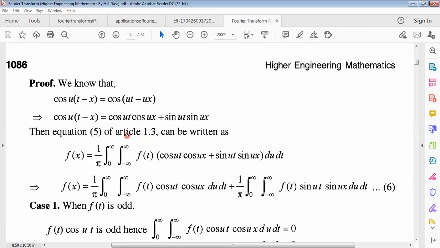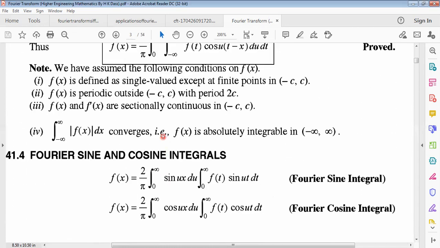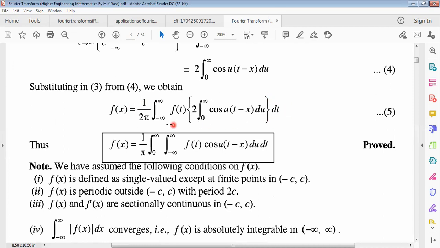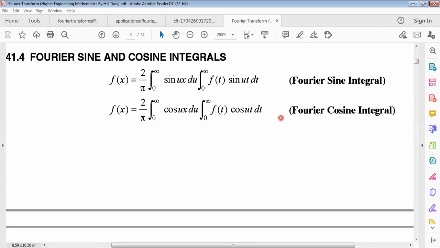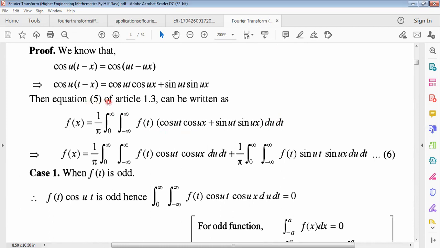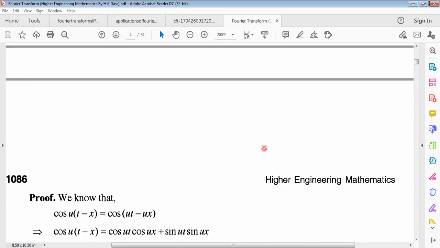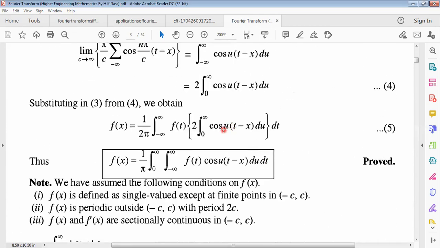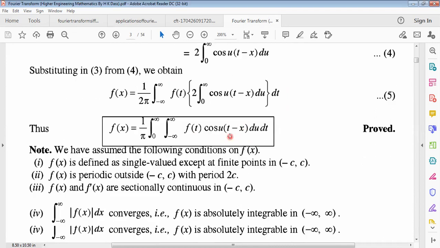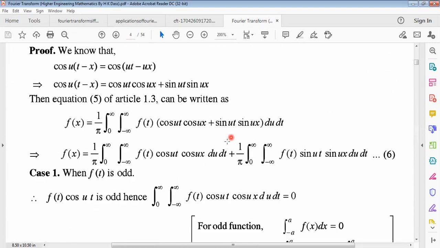Now equation number 5 of the integral theorem can be written as f of x equals 1 by pi, integral 0 to infinity, integral minus infinity to plus infinity of f of t, using the formula cos(ut minus ux). All the same, we use the cos(a minus b) formula in equation 5, so this can be written as cos a cos b plus sin a sin b, du dt.